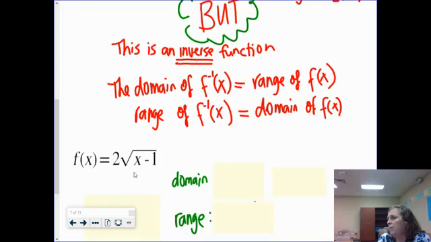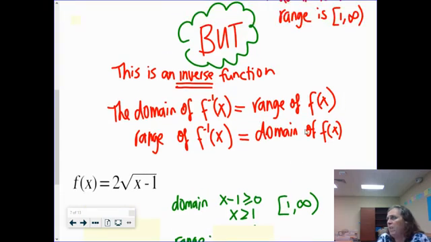Okay, so let's have a look at this. The domain of f of x, well, we know that x minus 1 has to be greater than or equal to 0. So x has to be greater than or equal to 1. So our domain of this function is from 1 to infinity. The domain of f of x, that's going to become the range. Oh, that's what we just got over there. That was easy enough.